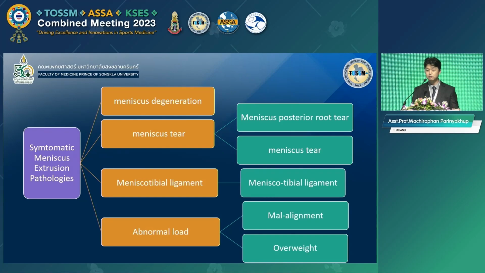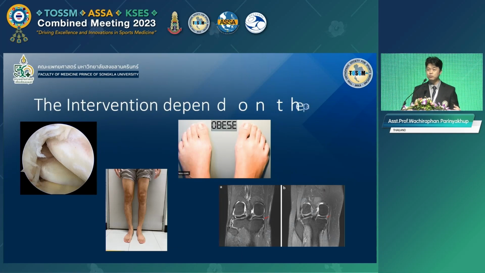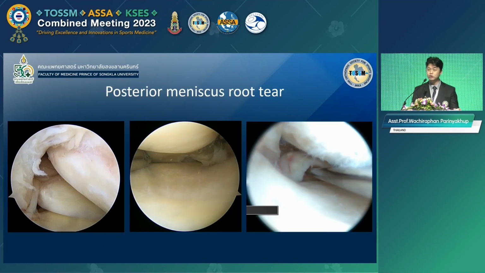In conclusion, symptomatic medial meniscal extrusion has many pathologies, and the intervention applied to the patient depends on the pathology you address. The most common cause is the posterior meniscal root tear.